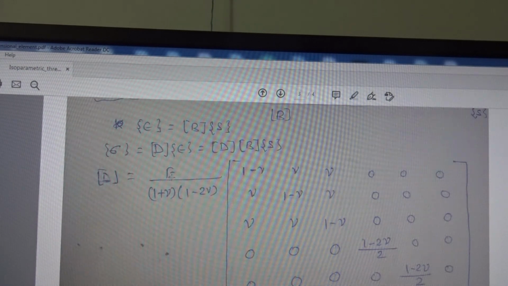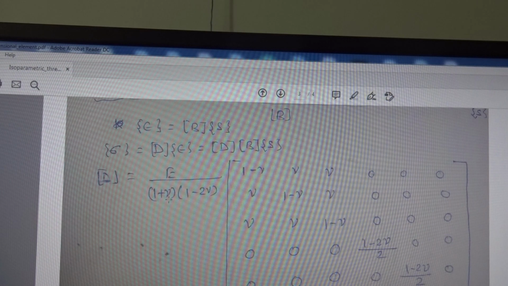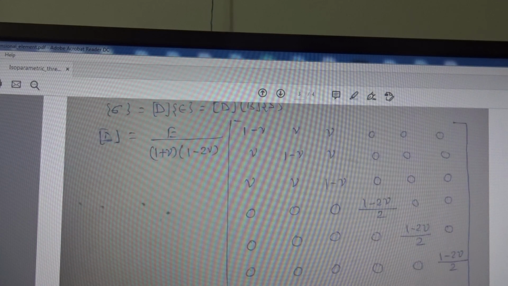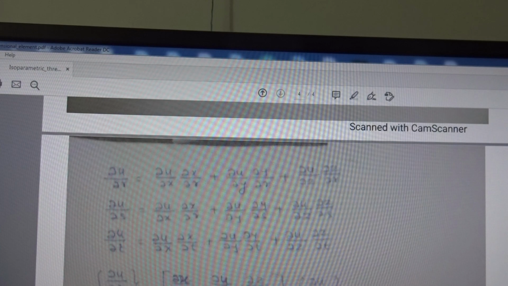For three dimensions, this one is E divided by (1 plus nu)(1 minus 2 nu), with 1 minus nu, nu, nu, 0, 0, 0, and then (1 minus 2 nu) by 2 on the remaining diagonal entries. So how can we find the Jacobi matrix?